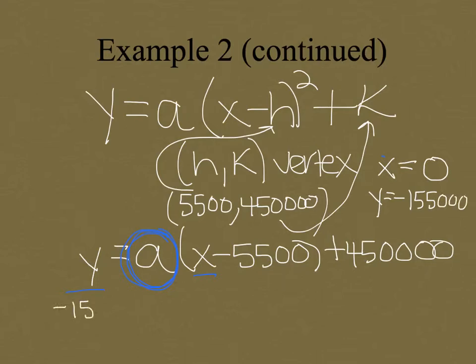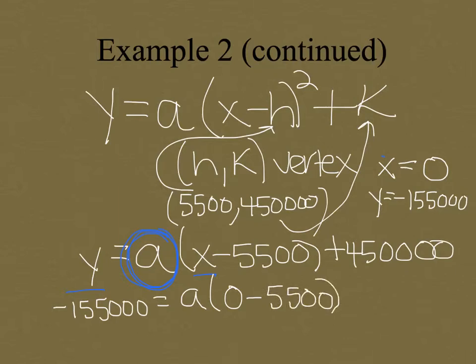So I'm going to plug in negative $155,000 for Y and 0 for X, because we're going to produce and sell 0 waste trimmers. And we're going to go ahead and solve this equation for A. Now our only unknown is A.